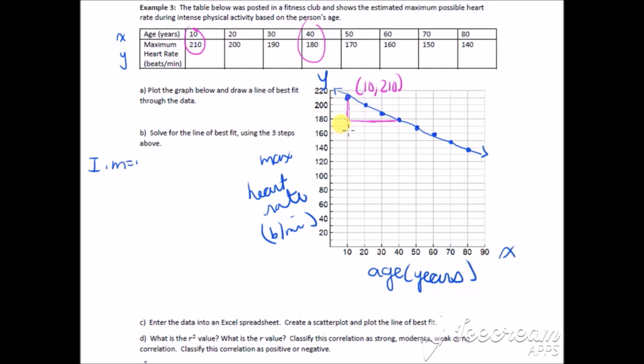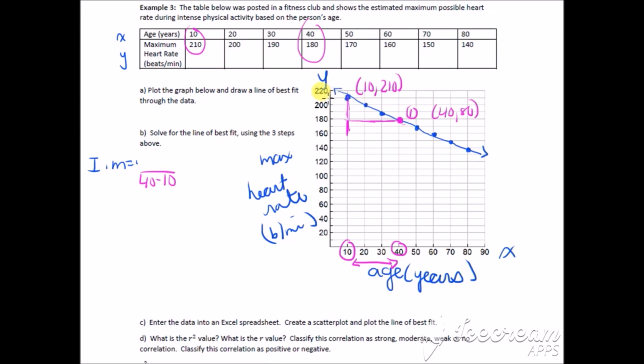Okay, so what we're looking for is the difference between this, which is 10, and 40. So let's do this as our first point. This is 40, 180. Okay, so we're going to go 40 minus 10, and that's going to be in the bottom. 40 minus 10.